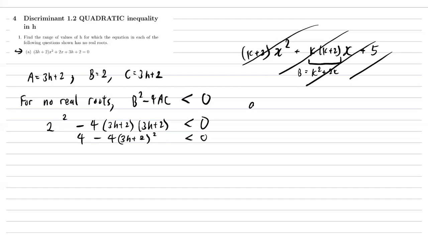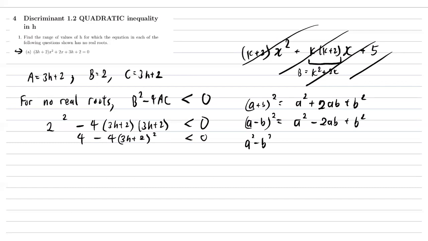You need to remember these formulas. a plus b bracket square is a square plus 2ab plus b square. a minus b bracket square is a square minus 2ab plus b square. Last one is a square minus b square is a minus b times a plus b.